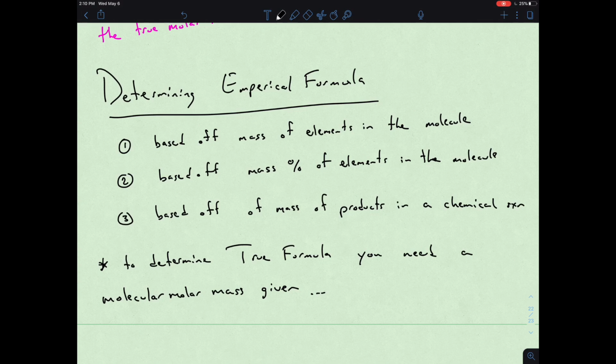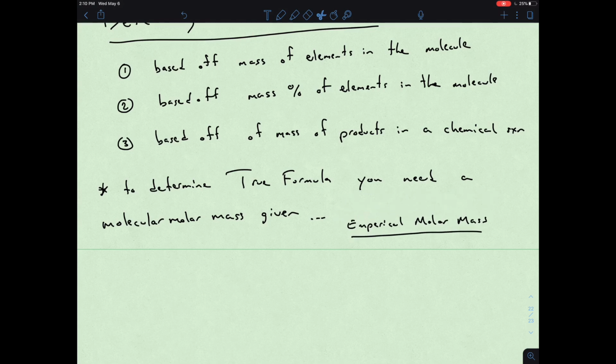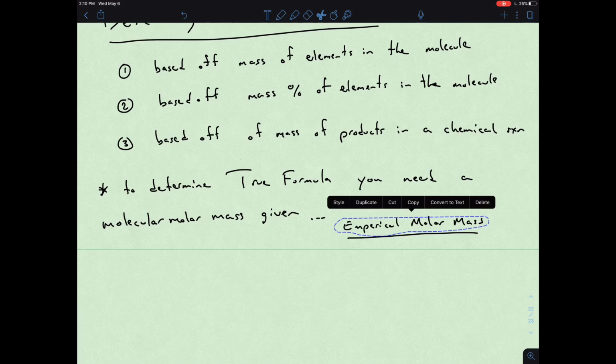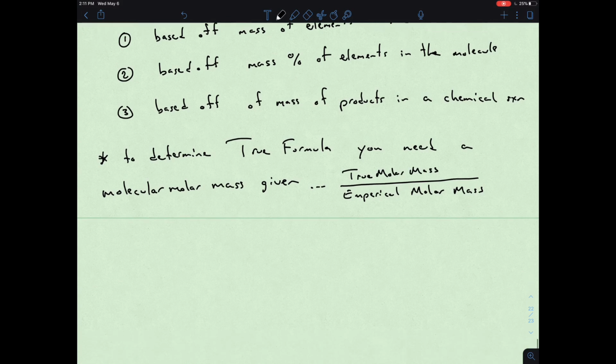If you take the empirical molar mass and, I apologize, that should be on the denominator side of things, you take the empirical molar mass and divide it into the true molar mass, you basically get a ratio.